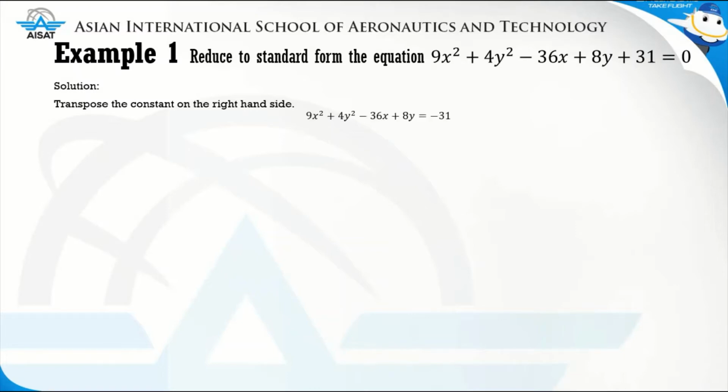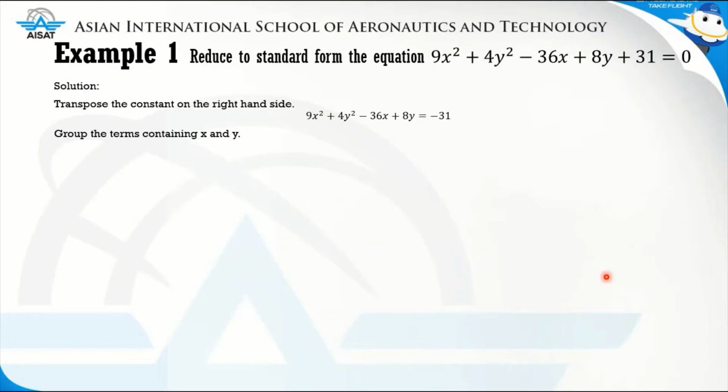The first step is to transpose the constant to the right-hand side of our equation. So we'll have 9x squared plus 4y squared minus 36x plus 8y, and this 31 will be transposed to the right-hand side. From positive, that will become negative 31. The next step is to group the terms containing x and y.